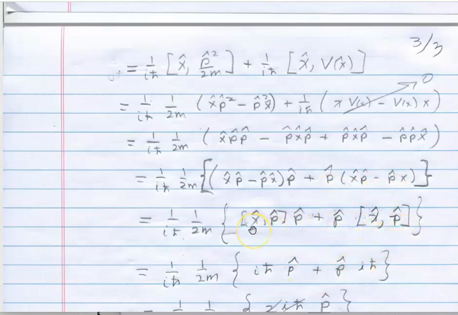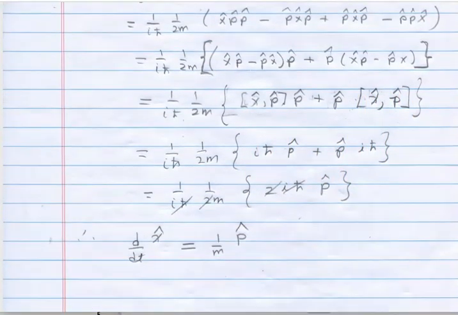I know the commutation relation between x and p. The commutator of position and momentum is just iħ. I've got two identical terms, so I simply write those as 2iħp. The 2's go out, the iħ's go out, and I get just 1 over m and a momentum operator.